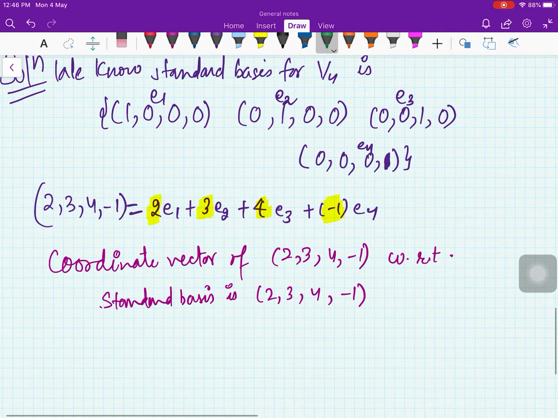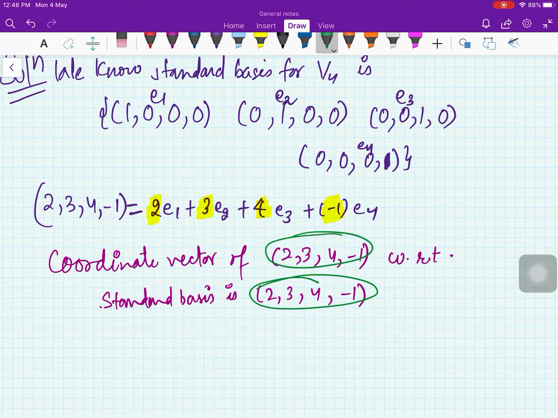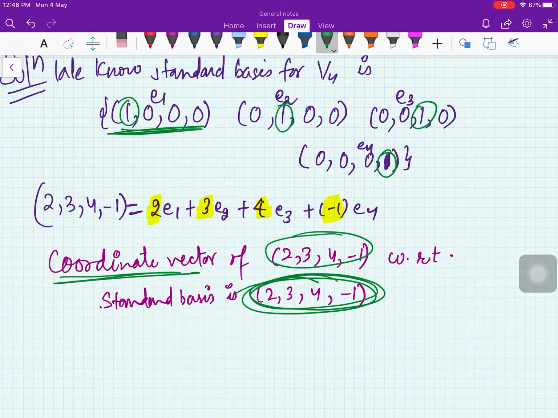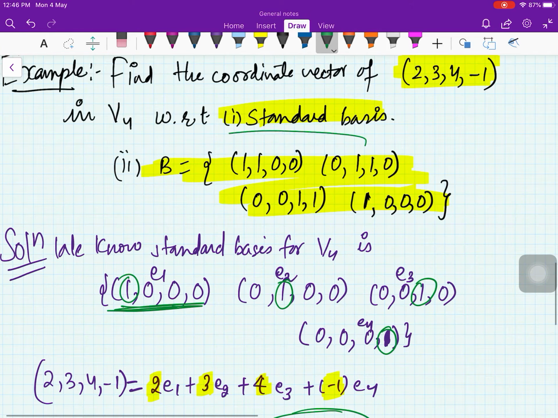So with respect to the standard basis, you will always get the same element again, because in the standard basis you have 1 here, 1 here, 1 here, 1 here. Whenever you are in R3, R4, R5, with respect to the standard basis, the coordinate vector of v will be v itself. Now let us look at the second basis.